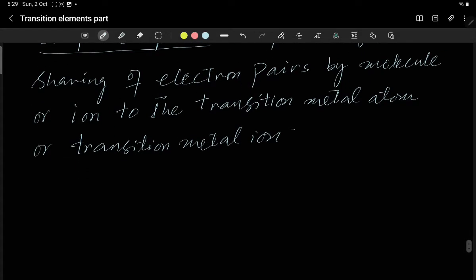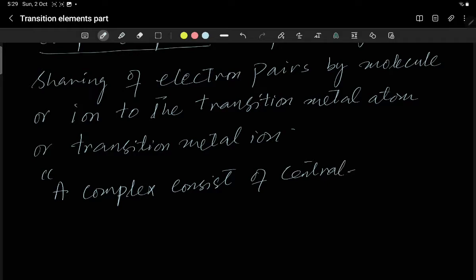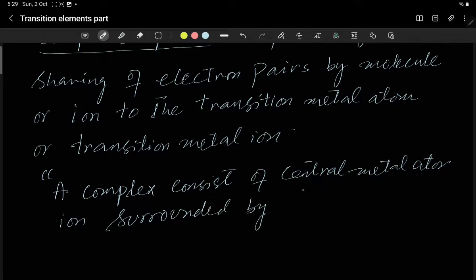Or in other words, we can say that a complex consists of a central metal atom or ion surrounded by species known as ligands.